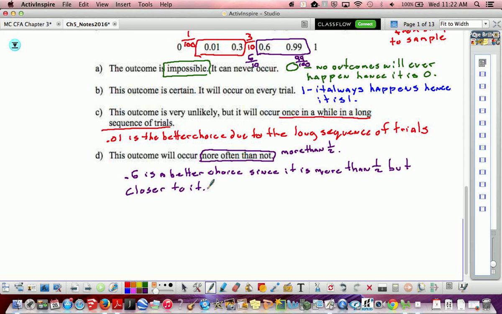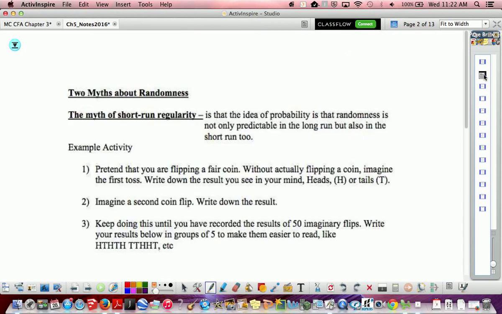All right, any questions so far with the concept of probability? Today is really focusing around this concept of probability. All right, let's flip to the second page. And we're going to talk about a couple myths that come up about randomness or just around this concept of probability.